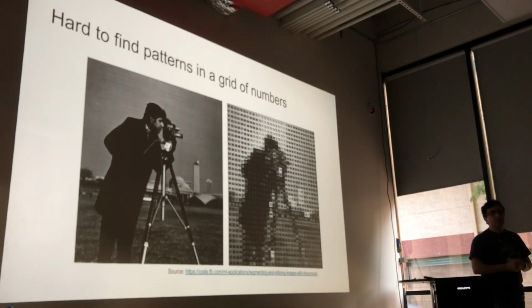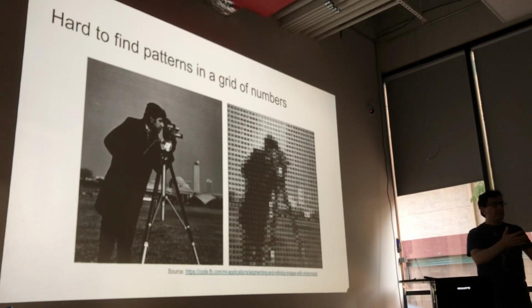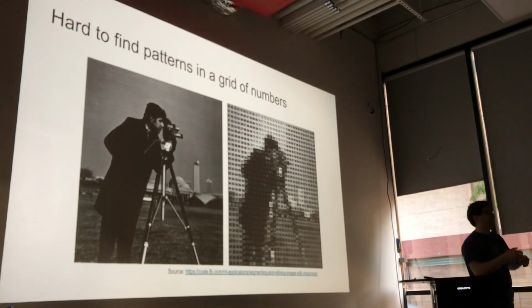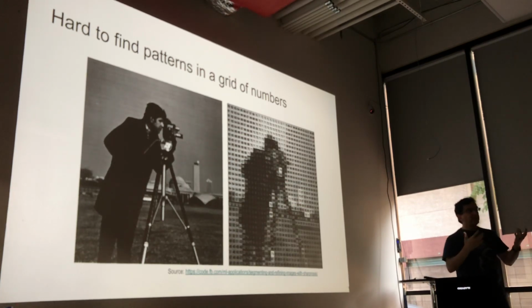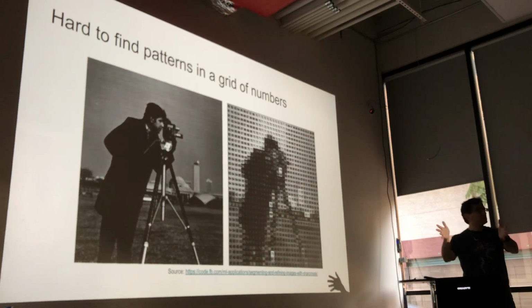If it's color, RGB, that's actually 3 million numbers. You get those, and a training set tells you this bunch of numbers is a cat, and this bunch of numbers is a dog. Actually figuring out what makes this group of numbers different from that group of numbers is fairly hard.